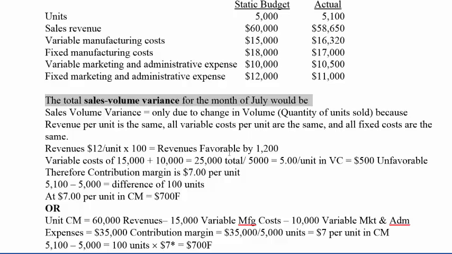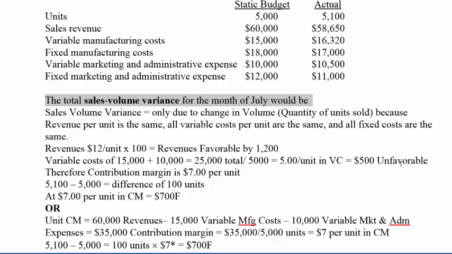Taking that $25,000 and dividing it by the original master static budget quantity of 5,000 units means that we would have put $5 per unit in variable cost over in the flexible budget times a certain number, and that would have been the 5,100. So the difference between the flexible column and the master static budget in regards to variable cost would have been a difference of $500 unfavorable.